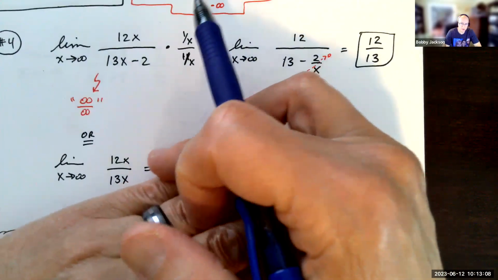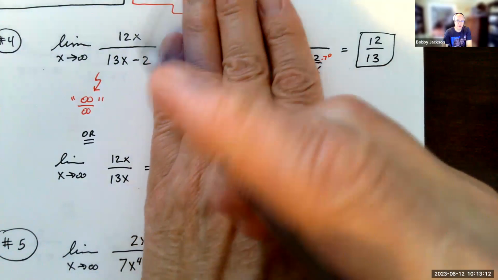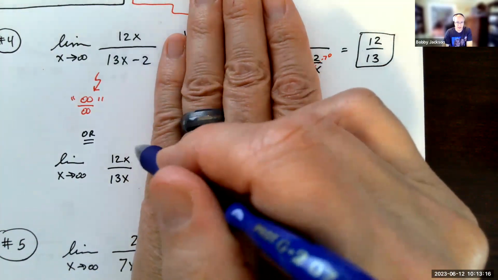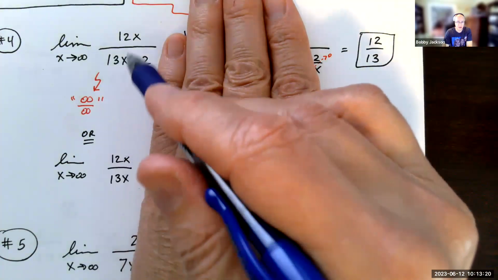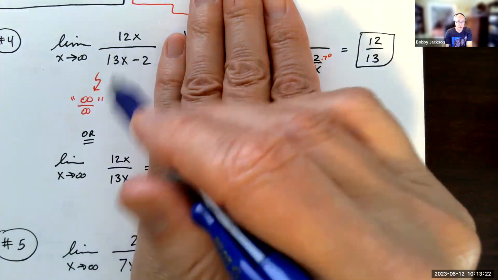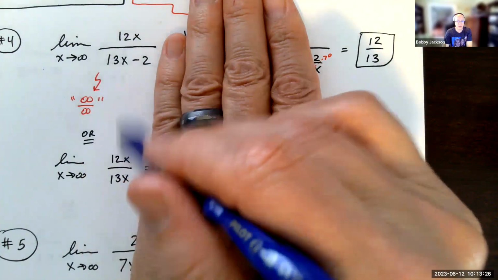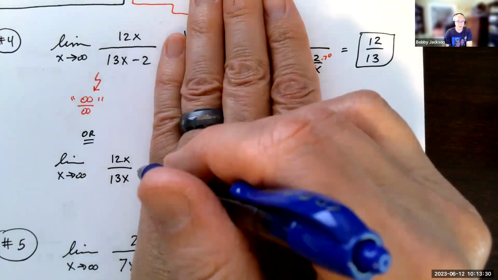And so that would look like this. The limit of this original rational function is the same as the limit of this rational function. These functions are not exactly the same, but for large values of x, they are very similar. And in fact, the limit as x goes to infinity for both of these is the same.